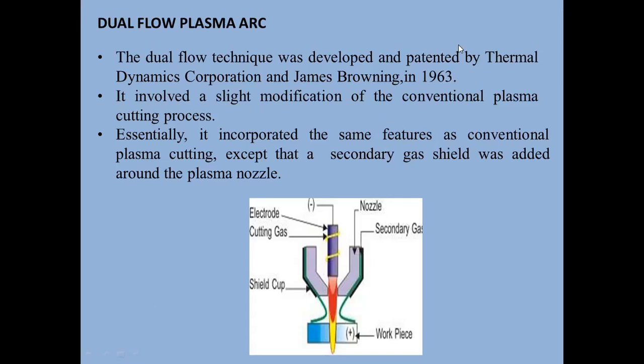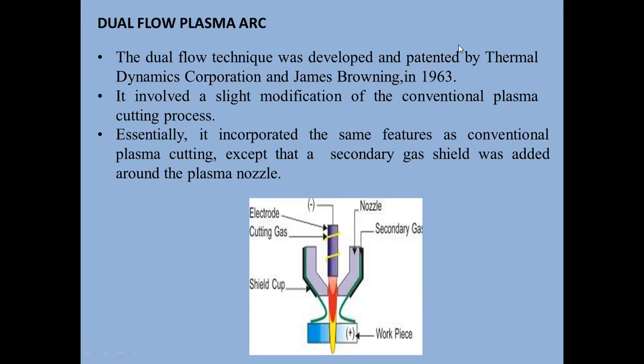It was first developed and patented by Thermal Dynamics Corporation and James Browning in 1963. From 1963, we are using this process. You can see how significant this one is. It involved a slight modification of the conventional plasma cutting process.